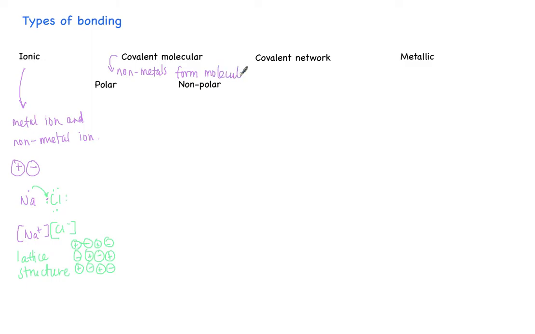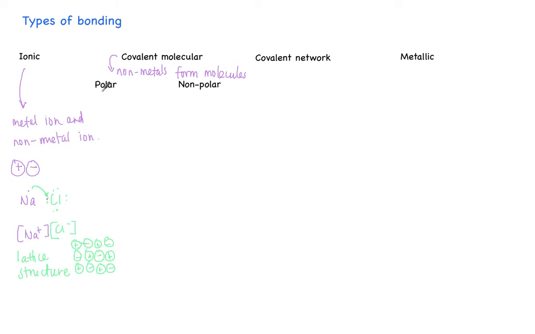Because non-metals, generally speaking, have closer electronegativities than, say, a non-metal and a metal, they're not going to be able to pull electrons completely away from one another, coming back down to electronegativity. So they're going to end up sharing electrons between the nuclei of the atoms in the molecule.